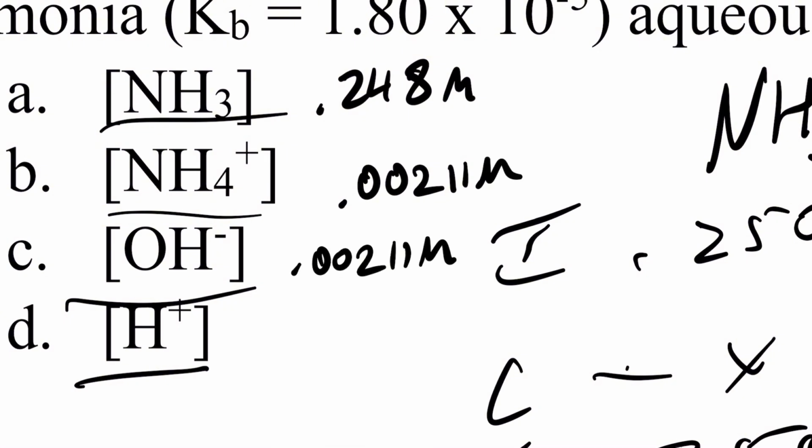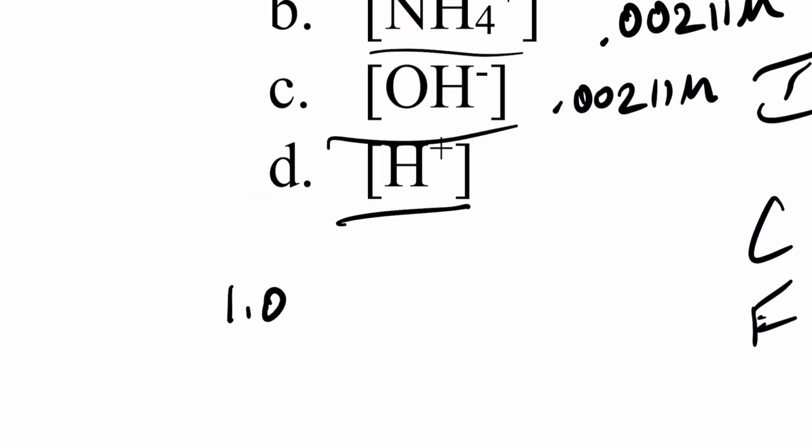And then you take the 14 minus, or no, not even that. You can just do 1.0 times 10 to the negative 14 divided by 0.00211. You take that and you get an answer of 4.7. In case you guys didn't know what I just did, I took 1.0 times 10 to the negative 14 and divided it by 0.00211.